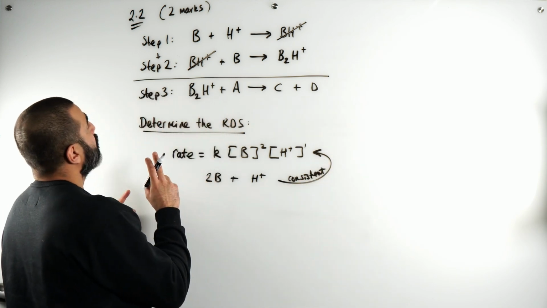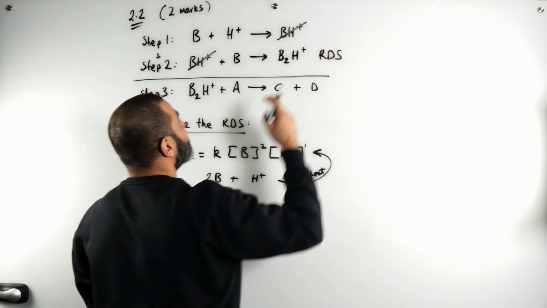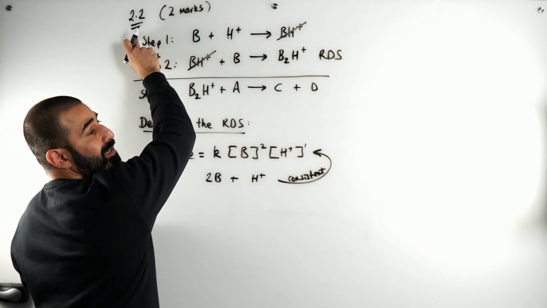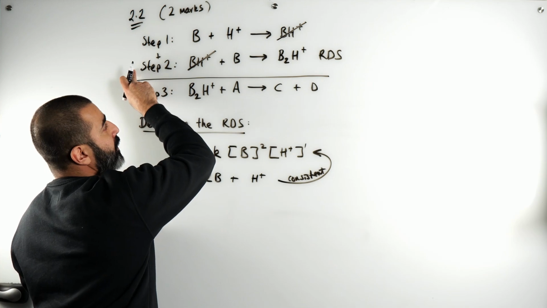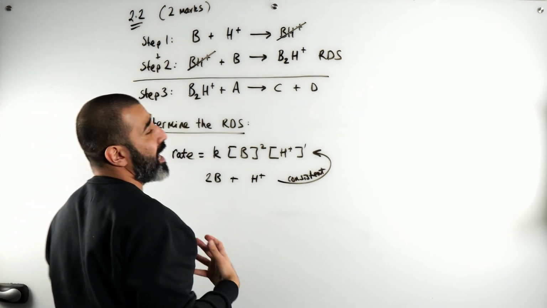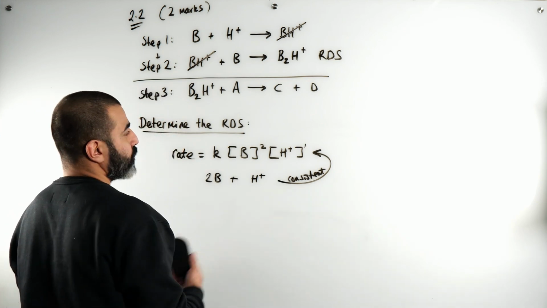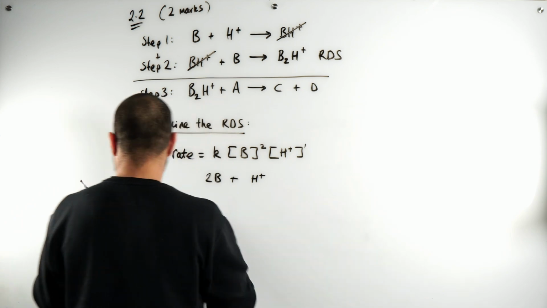Okay, so this is the slowest step. This is the rate determining step. And all steps leading up to and including the RDS must be taken into account. Okay, so step 1 and step 2 have to be taken into account here. So I'm giving the reason.